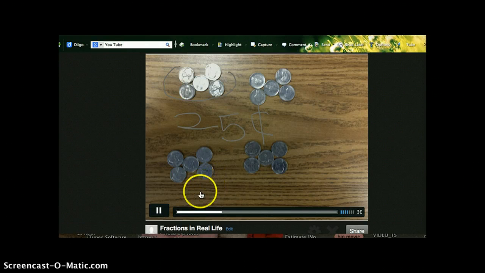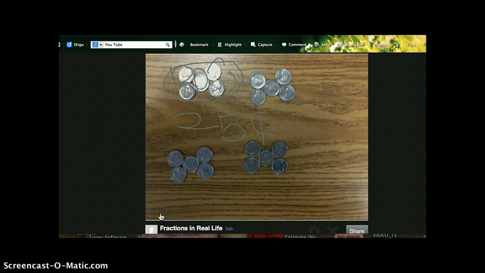Each one of these 5s equals 25 cents. I mean, that was wrong. 5, 10, 15, 20, 25. Okay, so all of this is 25 cents? Mm-hmm. Okay, so now what? This is 1/4 of $1.